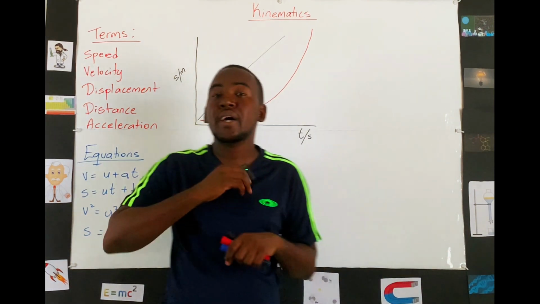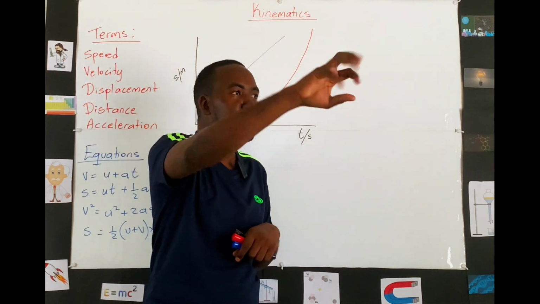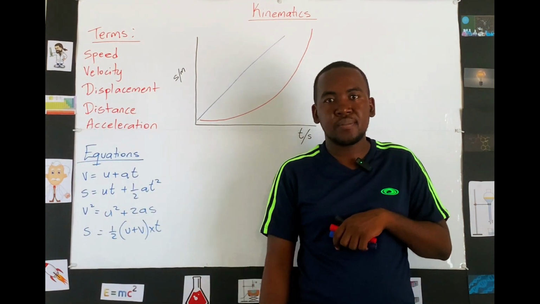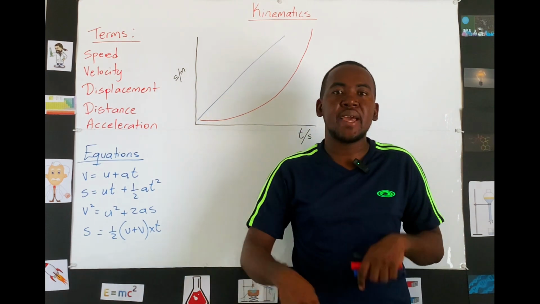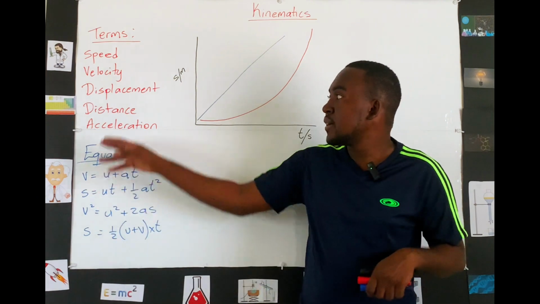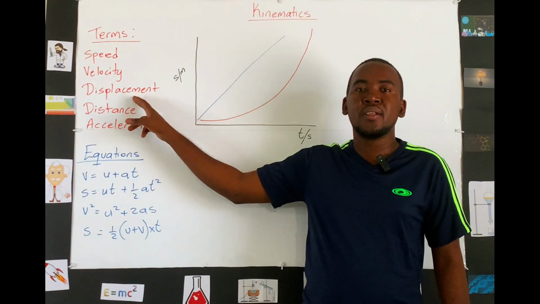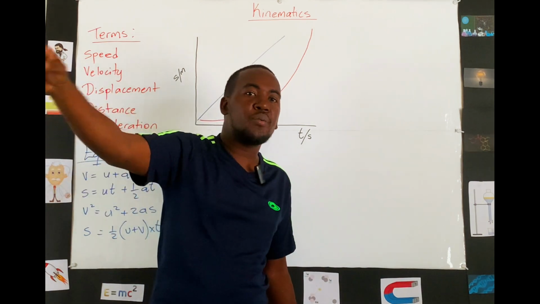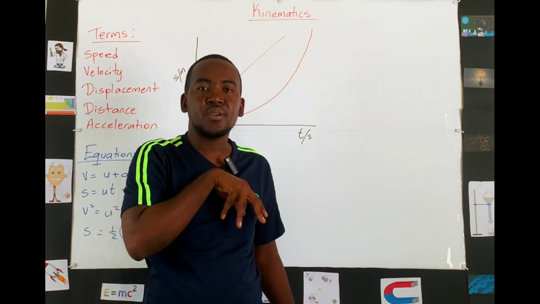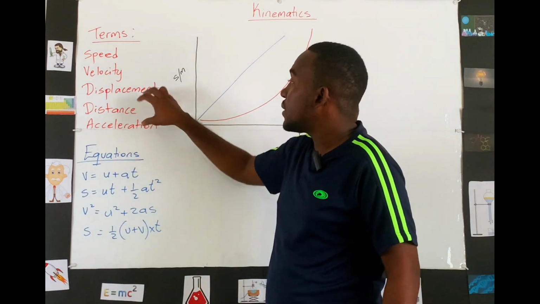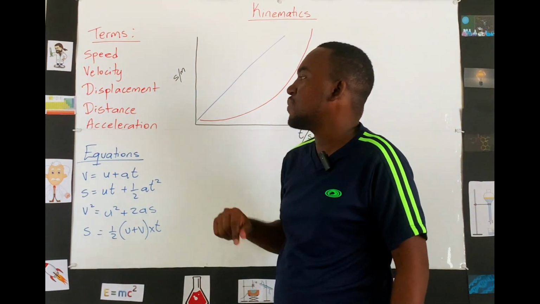It disregards all those different routes and only focuses on start and end. Where I start to where I end, I put a straight line, and that distance gives me displacement. Distance, on the other hand, has to count every single place I went, adding up those specific locations to give me my total distance. So that's the difference between distance and displacement.